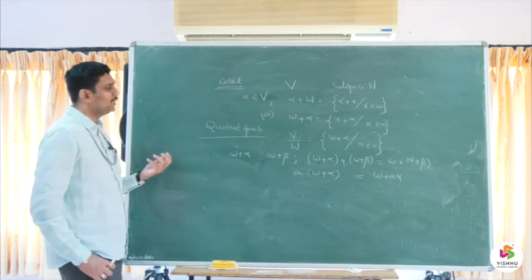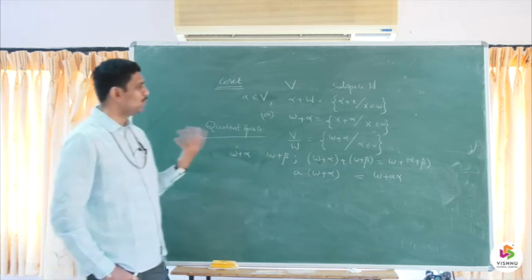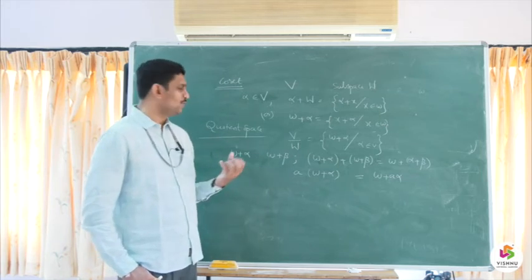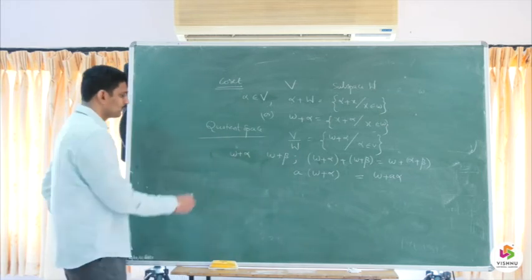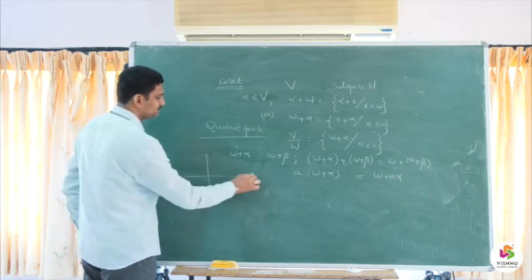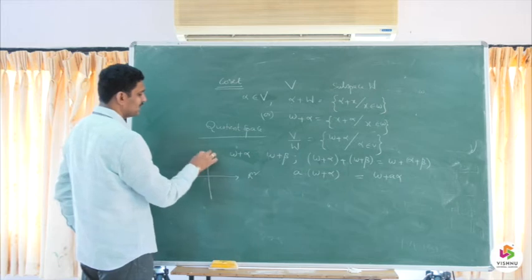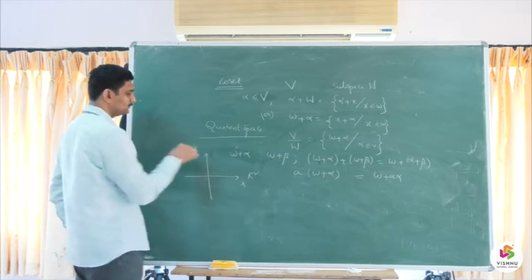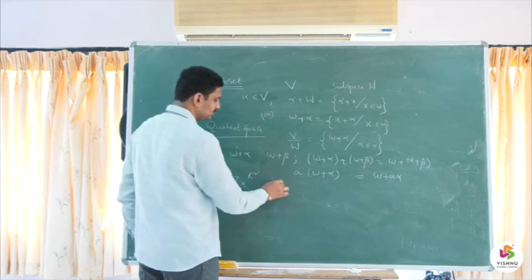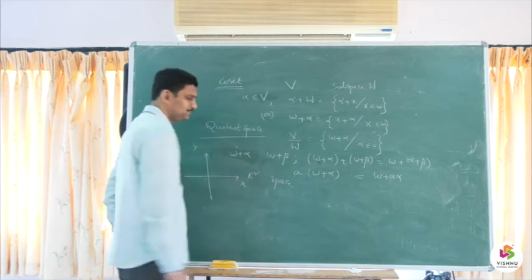Geometrically, to understand the quotient space, or quotient group or quotient ring, we can draw a picture like this. Suppose you take R square, the system of x axis and y axis, and we know that it is a group, and a space as well. You can treat it any way.